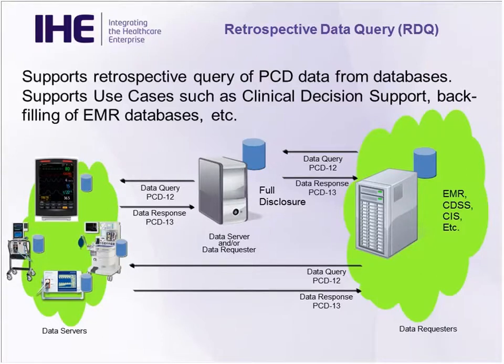If all we did with the DEC profile was to store the data, it wouldn't be very good to call it back. You need a mechanism for doing that. So we do support the retrospective data query profile, which, once the data has been stored in a central server, you can query it to get the data back.